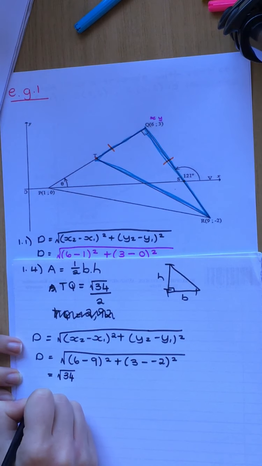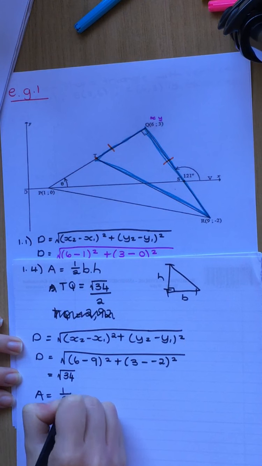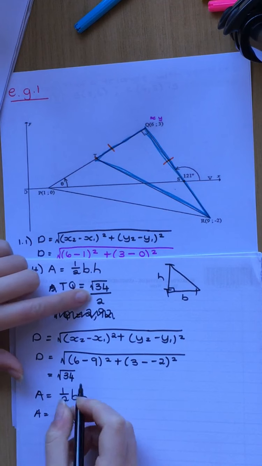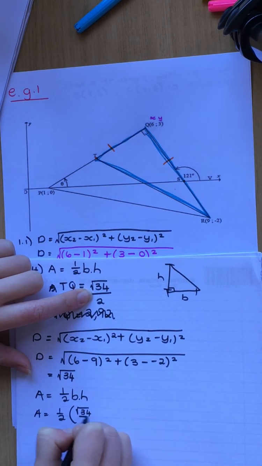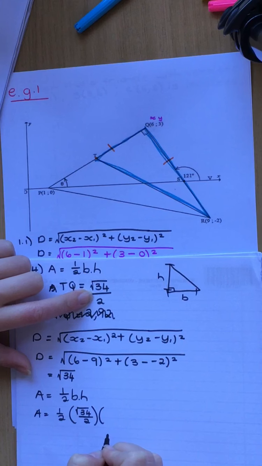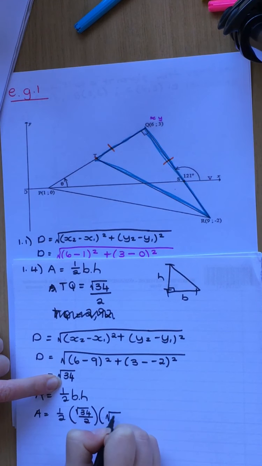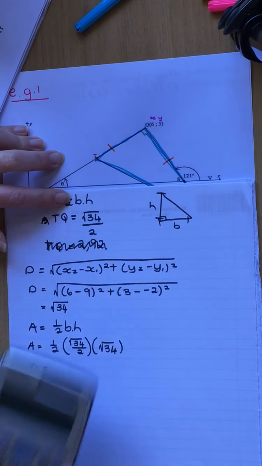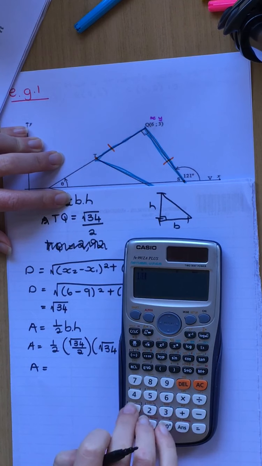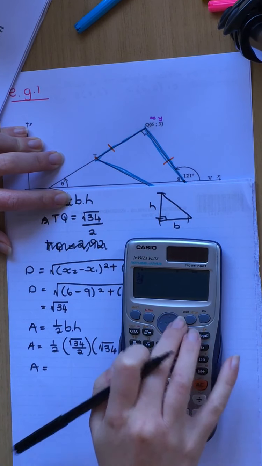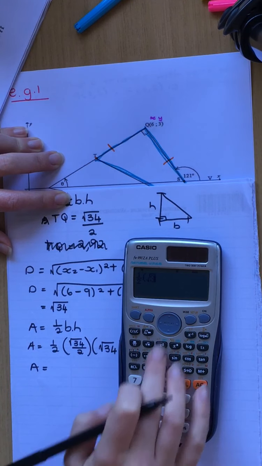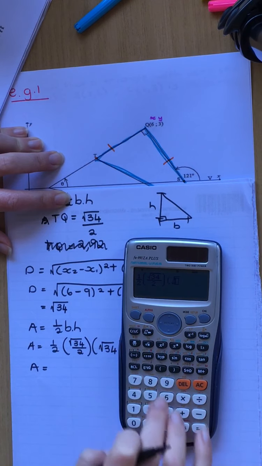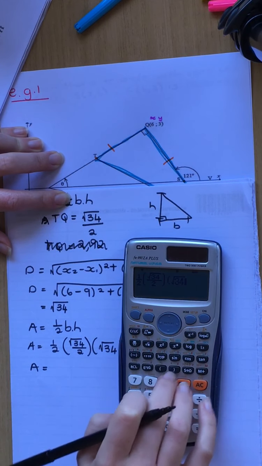So now I can go and do area. So area is a half base times height. So I'm going to say area is a half of root 34 over 2 multiplied by, the other one is just root 34. So your area is going to be a half times root 34 over 2, close your bracket, times root 34.